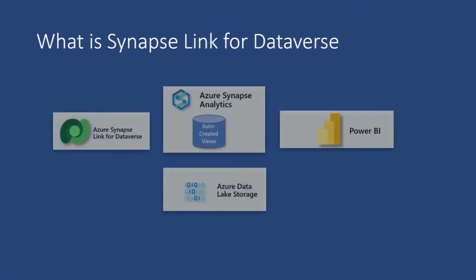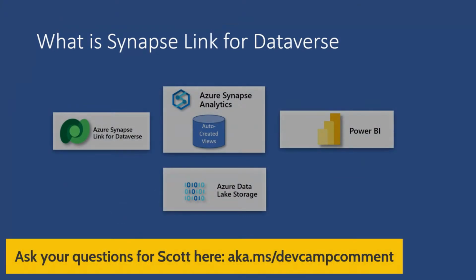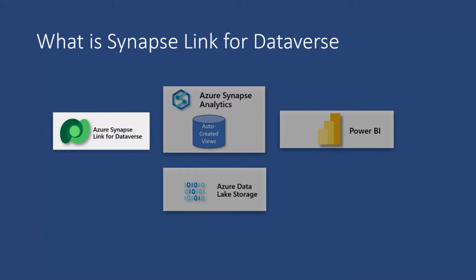So what is it? What are we talking about? How does it piece together? Here's a way I've tried to visualize this so you can see what's going on. Over on the left, we've got the Synapse Link for Dataverse. That is just a feature of Dataverse that you click on and turn on.